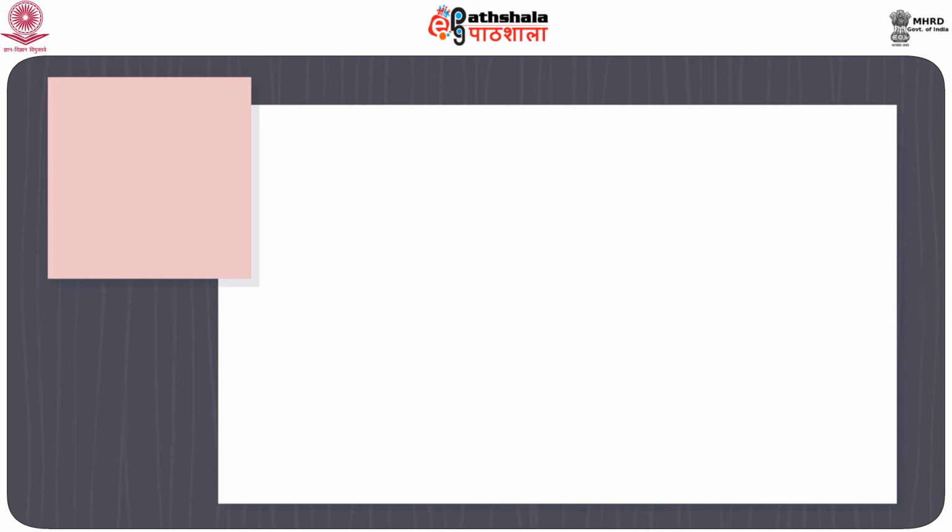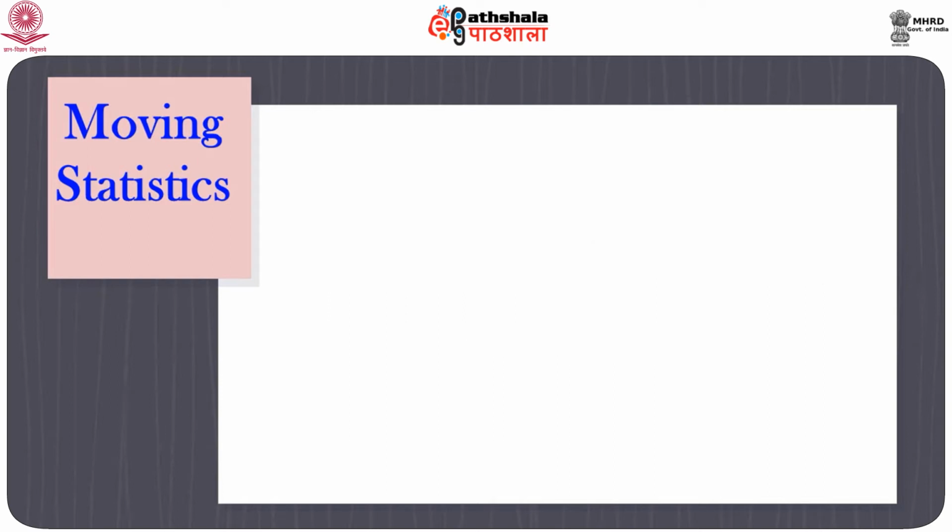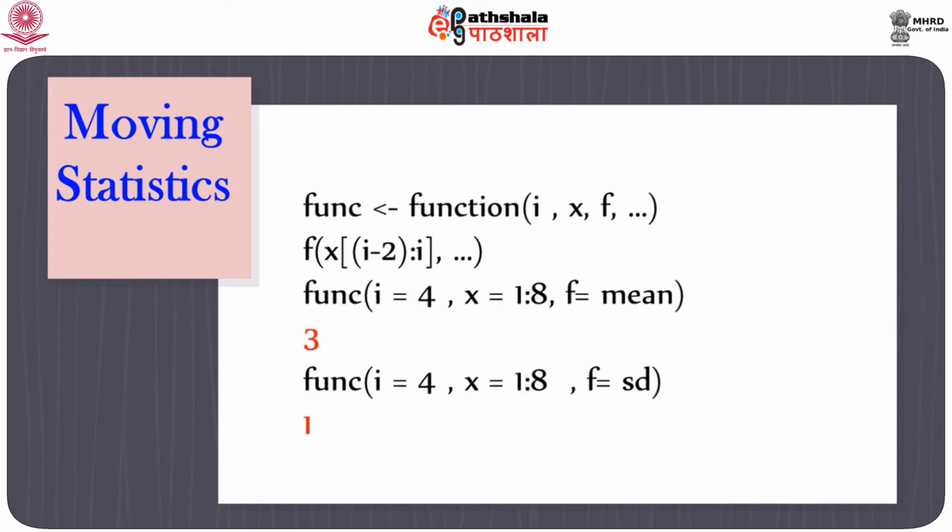Here we are considering the moving statistics. The idea is to return a moving function considering simple functions like mean, median and many more. Have a close look at the example which we will discuss now. Here we are considering the function func, which is a function of i, x, and a function f, which will be decided later.